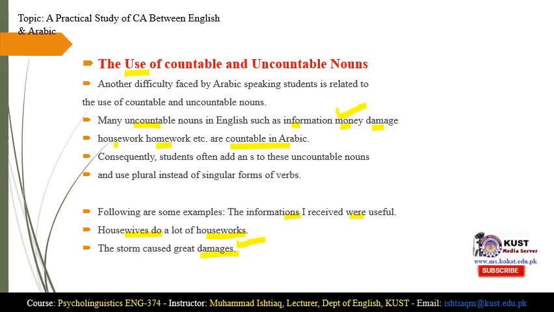The word informations does exist in English, but not in the sense of the plural of information. Rather, it exists in a very different sense, covering a different conceptual field, similar to the case with damages. They are not actually plurals, but refer to a group of information, or a set of damages.